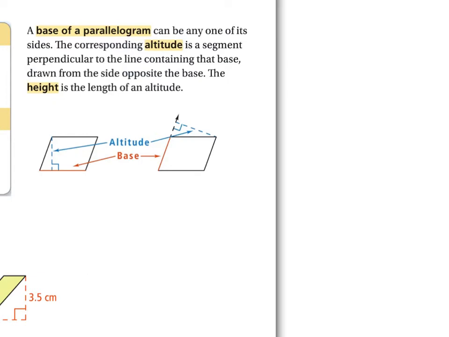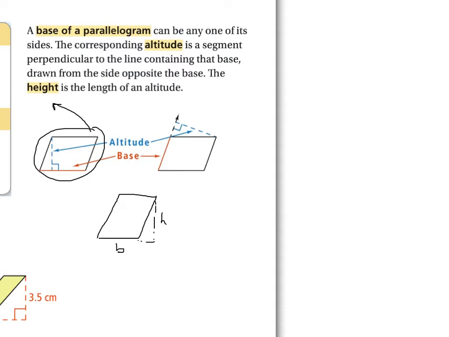Depending on what base you're looking at, your heights could be different. For example, I could draw this right here, like so. I've taken this one and flipped it up on its side. So now this would be the base and this would be the height, depending on how you're looking at it. They're going to have you do some different things with parallelograms as well as we look at these.